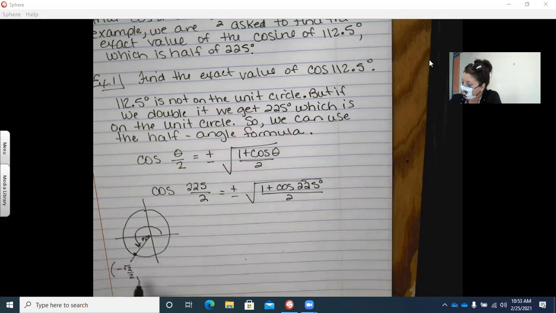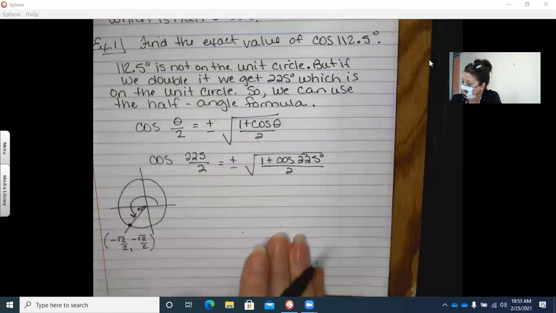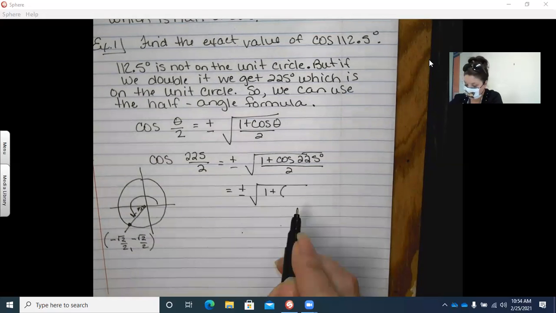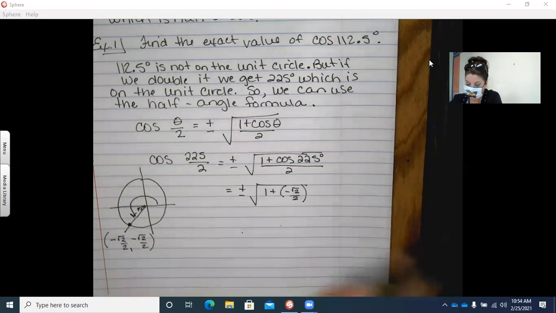So go back to my problem. Positive or negative square root of my numerator will be 1 plus negative square root of 2 over 2, all over 2. Now, me personally, I would probably get rid of the complex fraction by multiplying everything by what? 2.